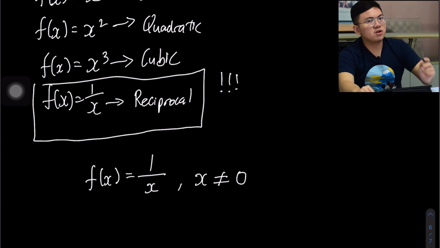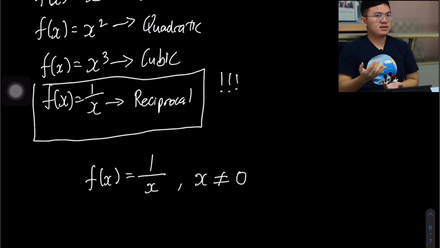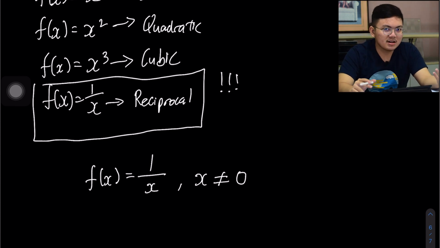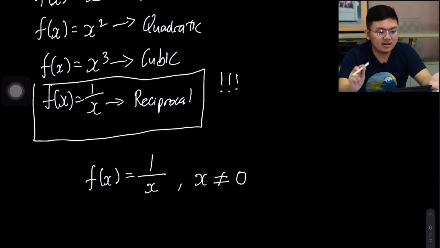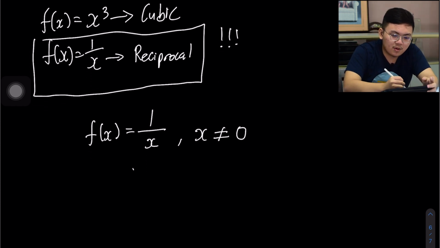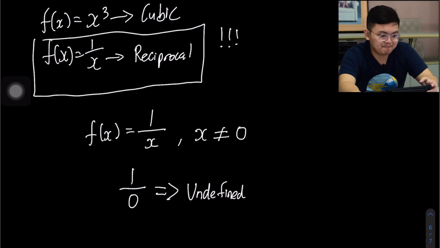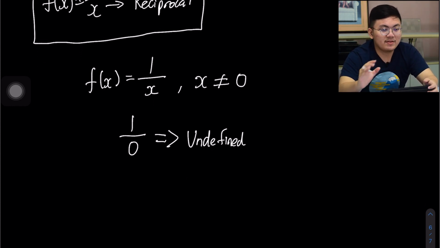Why? Normally we assume x can be any real number, but for reciprocal you cannot plug in x equals 0, because 1 over 0 results in undefined, or we call it infinity. So this is what we need to write.